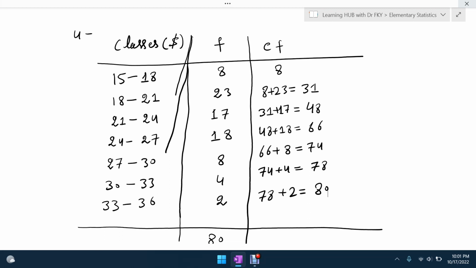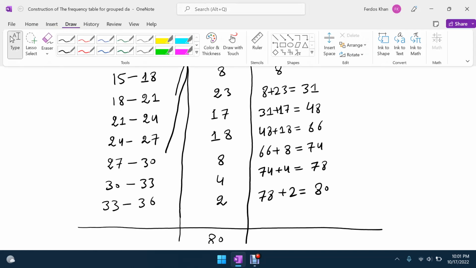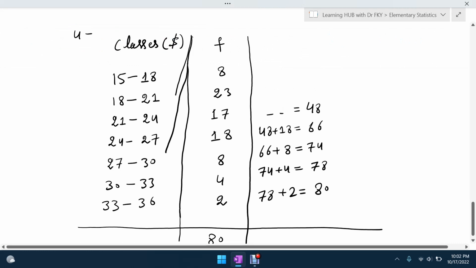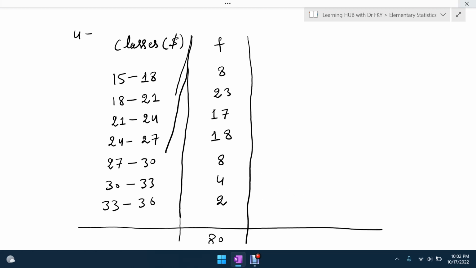So let's remove this cumulative frequency table. You need to calculate the midpoint, then multiply the midpoint by the frequency, and then you can use a formula to calculate the mean.